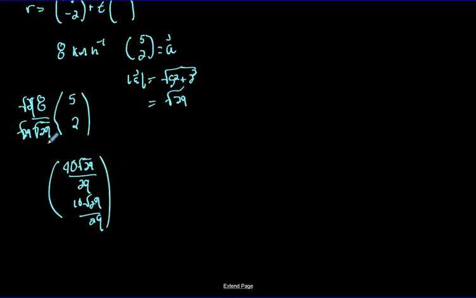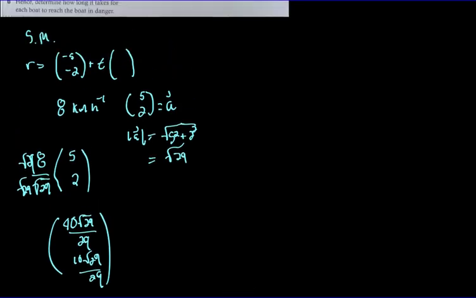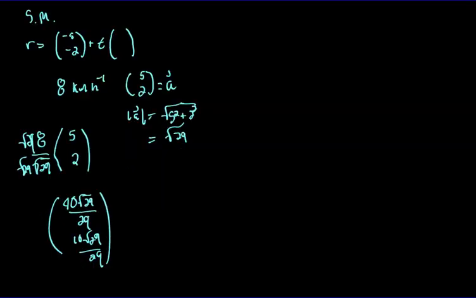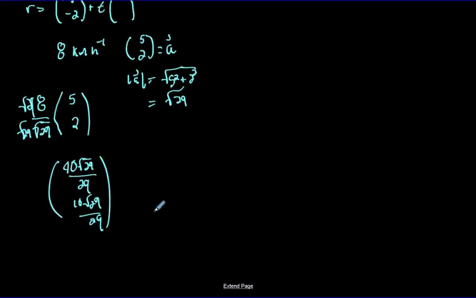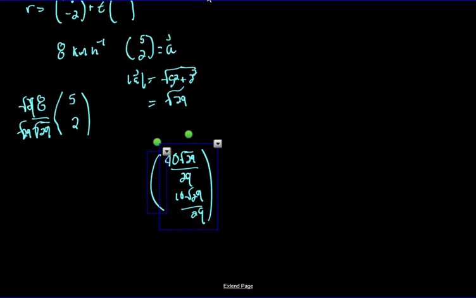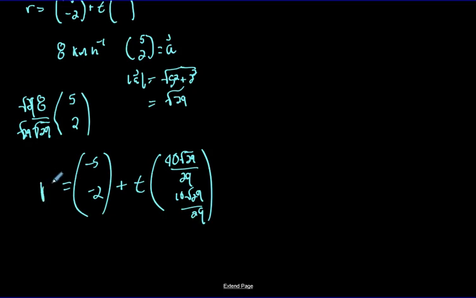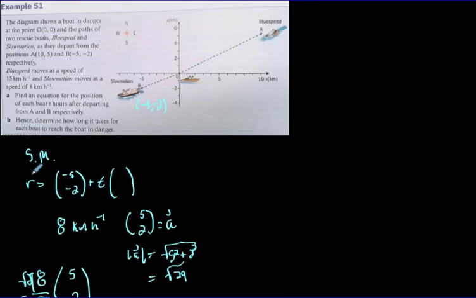Now that gives us the proper vector and direction for t time, so I can use that to write a new one because I'm going to need this guy. I'll just use this right here, and then I'm going to have my scalar t plus the position vector, which was -5, -2, and this right here gives me the vector equation for my Slow Motion boat.